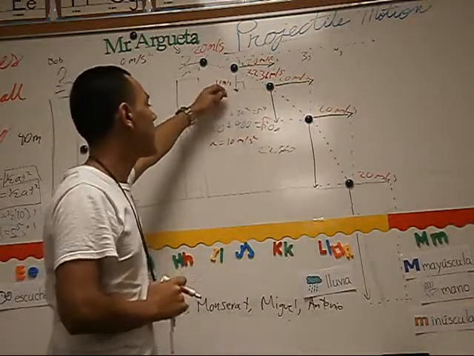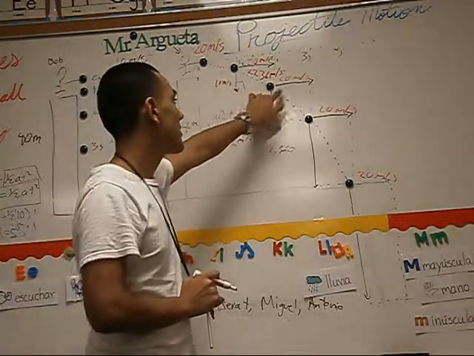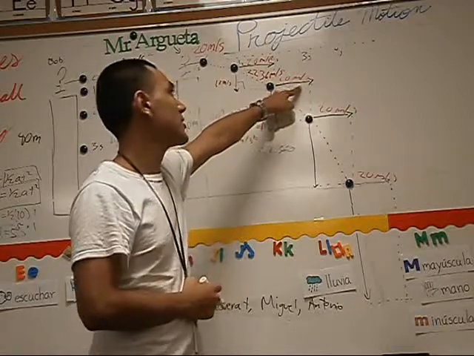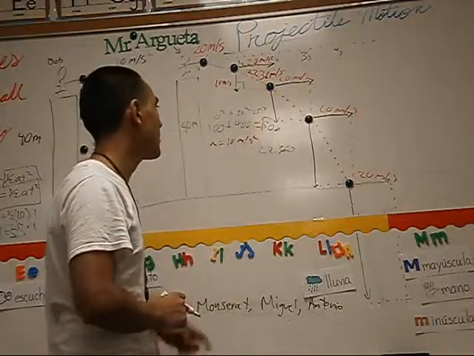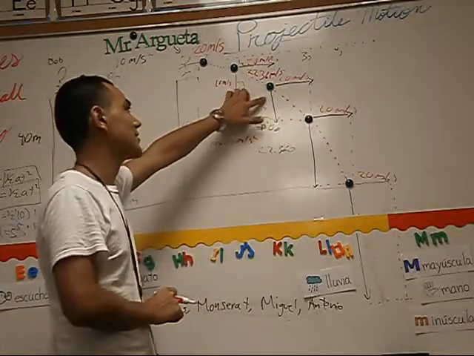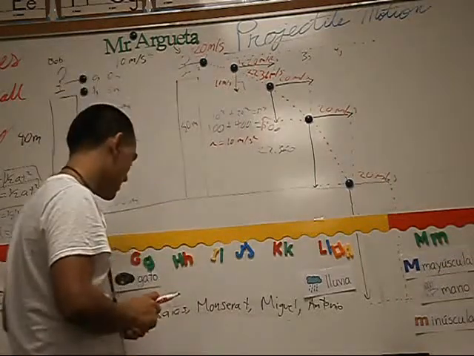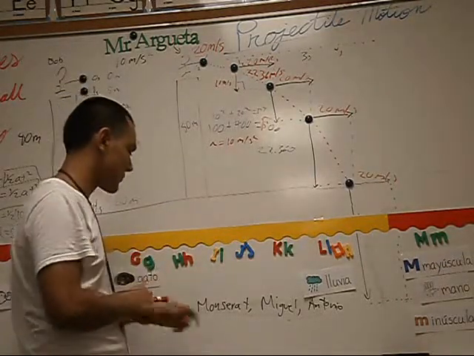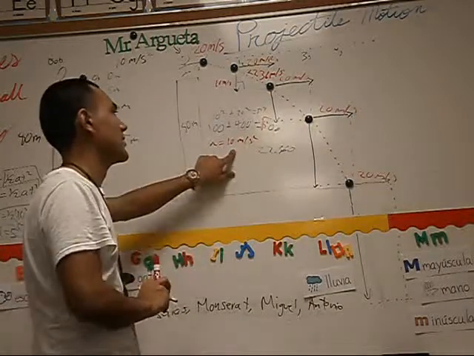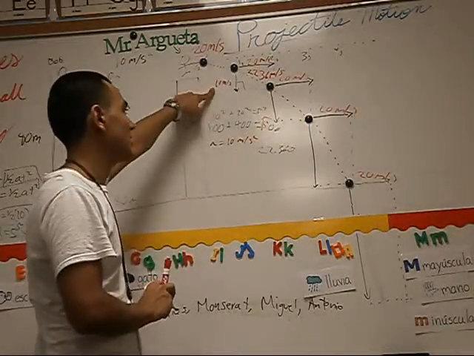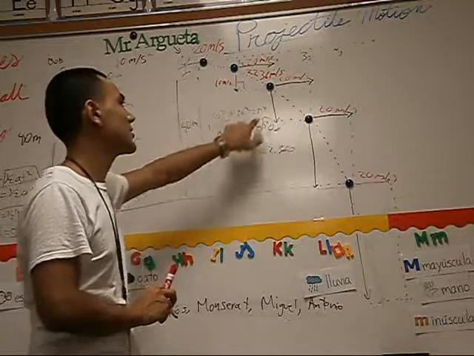Okay, now we have to figure out this one. The horizontal velocity is still 20 meters per second, but this changes. So at 2 seconds, we'll multiply 10 times 2, because over here we multiply 10 times 1, which gives us 10. 10 times 2 gives us 20.